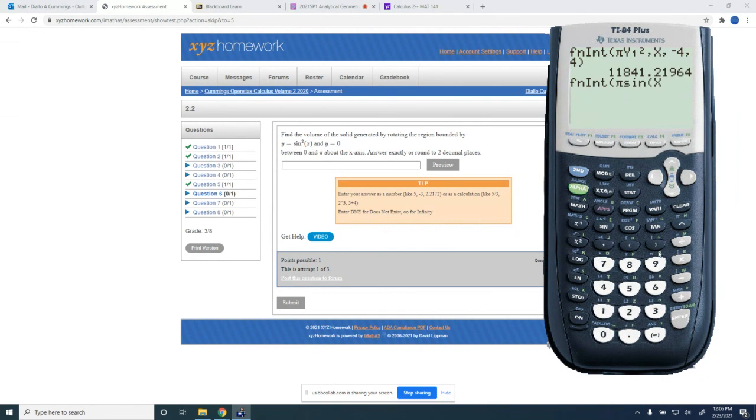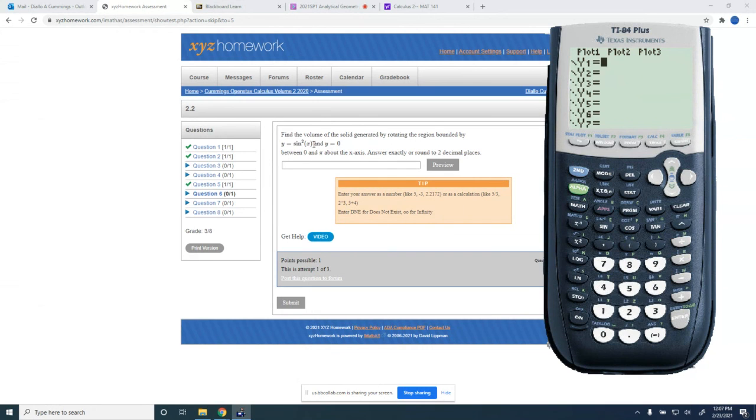So I want to put in sine x squared, comma x from 0 to pi, and I'm sorry, I put that in incorrectly. Let me do that again. So this is function integration. So I think what happened was, I'm going to go to y equals, just so we're correct on this.